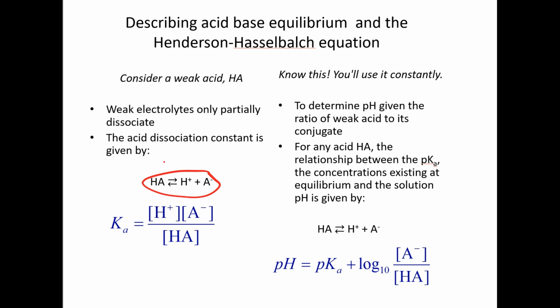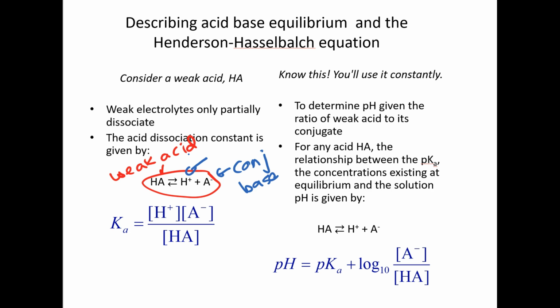Any weak acid, where you have a generic acid bound to its proton, can be an equilibrium where we have our weak acid here, and then over here we have our proton and our conjugate base.